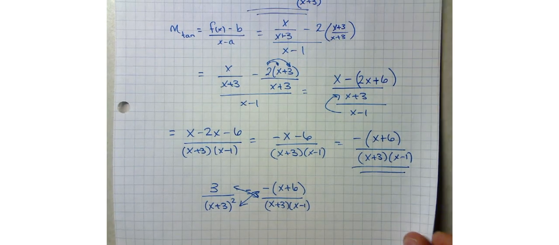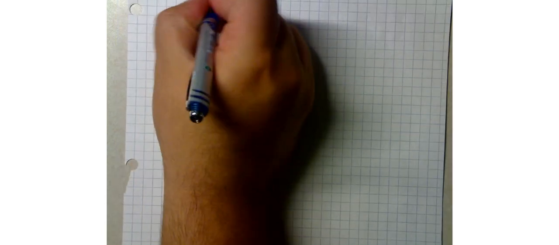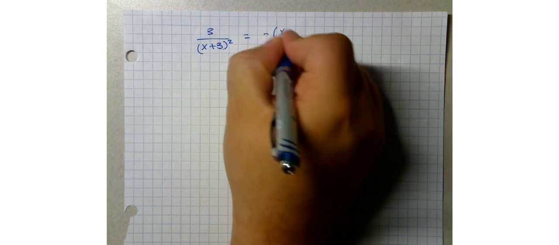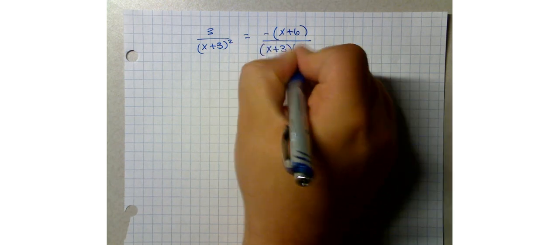So I'll flip the page here. Three over (x plus 3) squared is equal to negative (x plus 6) over (x plus 3) times (x minus 1).